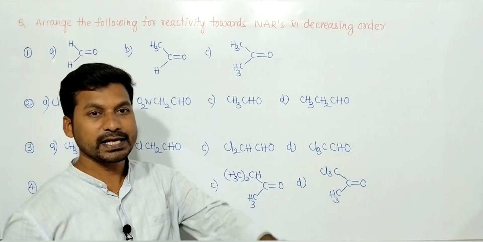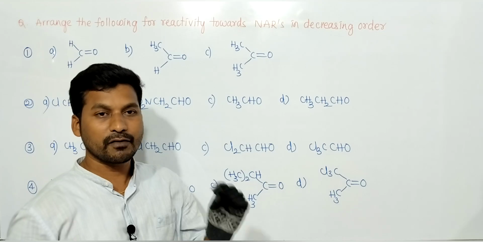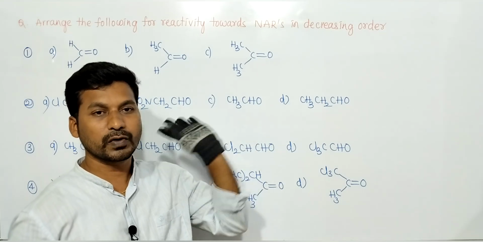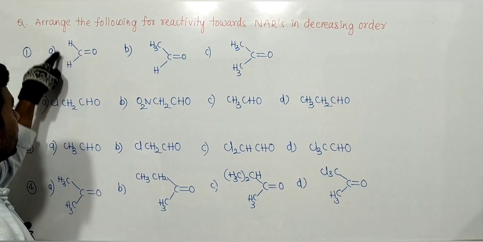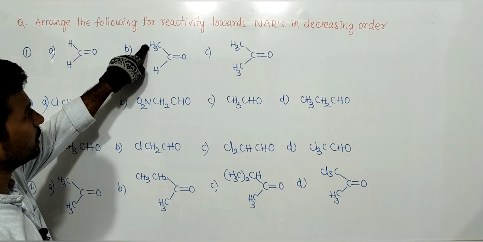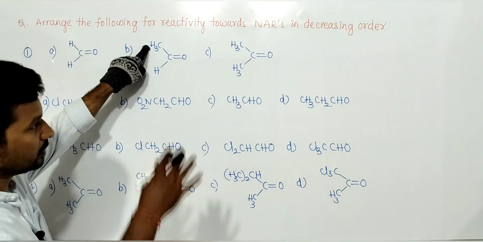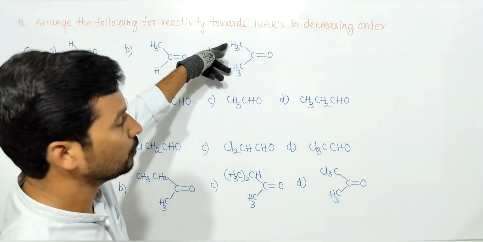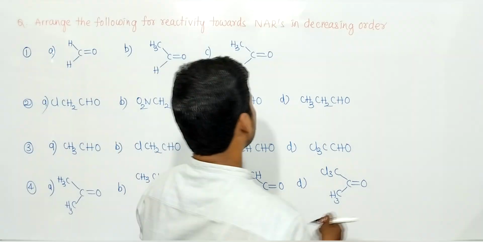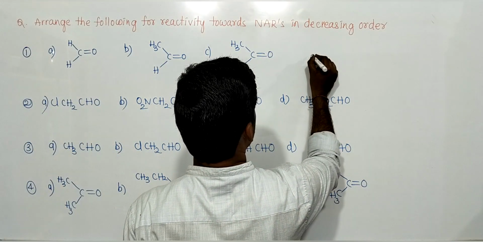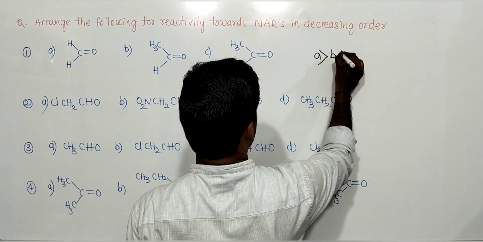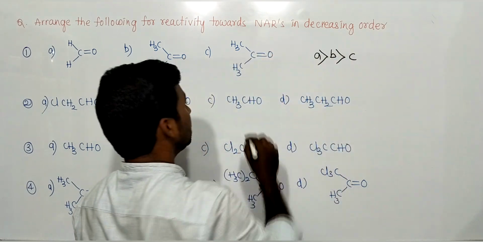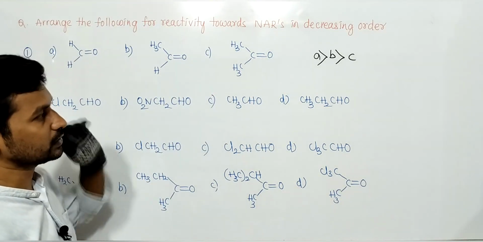Plus I groups decrease the reactivity of carbonyl compounds towards nucleophilic addition reaction. Here both hydrogens are neutral. Here this is a plus I group, and the plus I effect decreases reactivity. Here 2 plus I effects, so it decreases reactivity more. That's why the reactivity order is A more reactive than B more reactive than C, because in C there are 2 plus I groups.